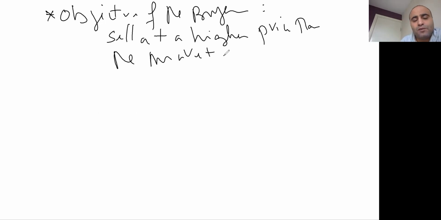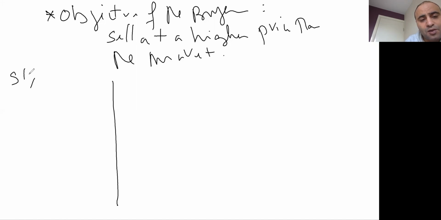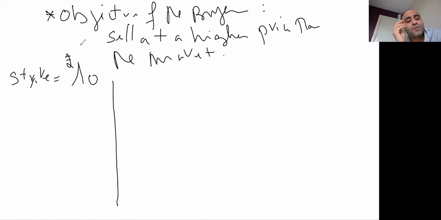So let's imagine the following scenario. We have a buyer who has entered into a put option with a strike or exercise price of 10. So he wants a guaranteed price of 10 for his, let's say, share.